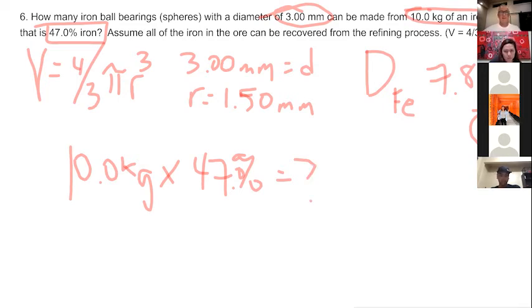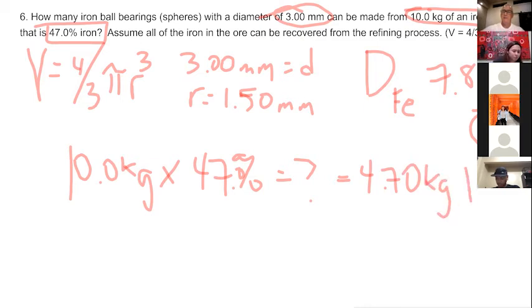What's 10 kilograms times 47.0%? 4.7 what? Kilograms. Yes. 4.70. There you go. So that is your mass of iron.